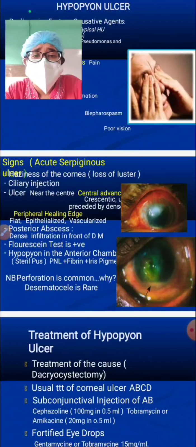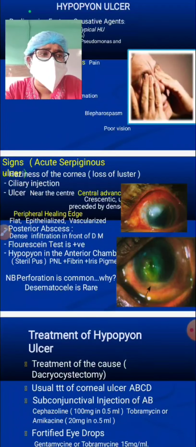That is the second point. Third point is that fungal ulcers will typically be dry-looking ulcers compared to the bacterial ulcer. Fourth is that typical satellite lesions and filamentous lesions go for fungal corneal ulcers.